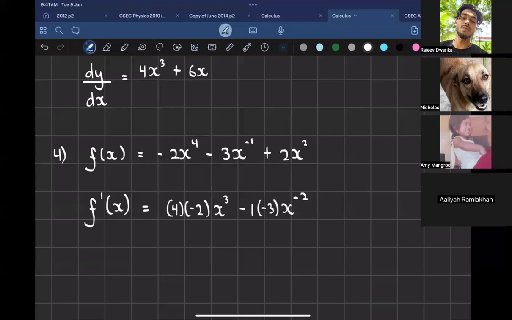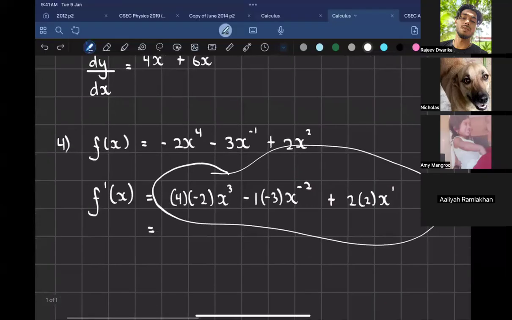For the last one, you're taking away 1 from the power, so it'll be 2 multiplied by 2x to the power... well, 2 multiplied by 2. So you see this whole line? We could do all of that in our head.